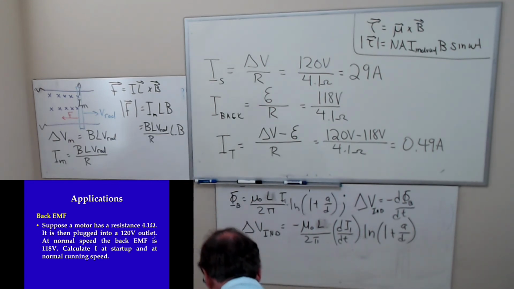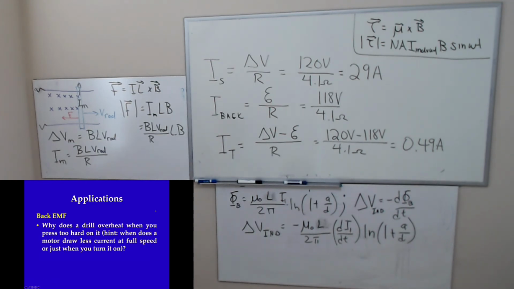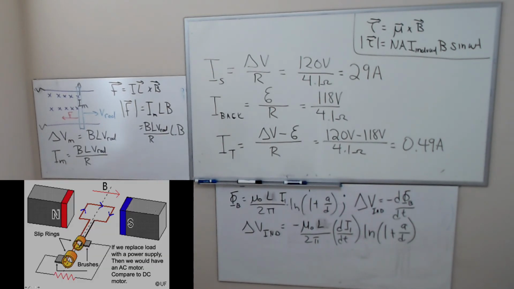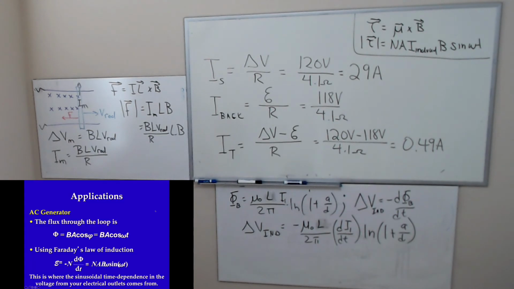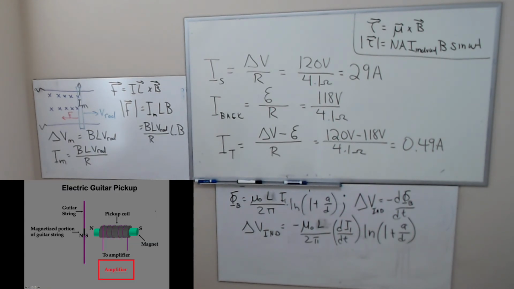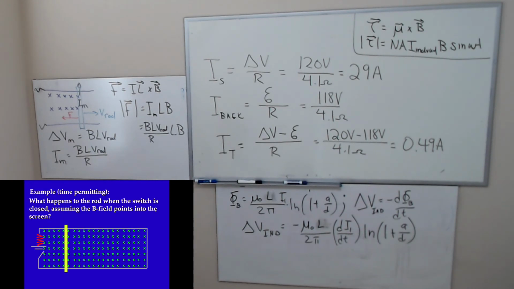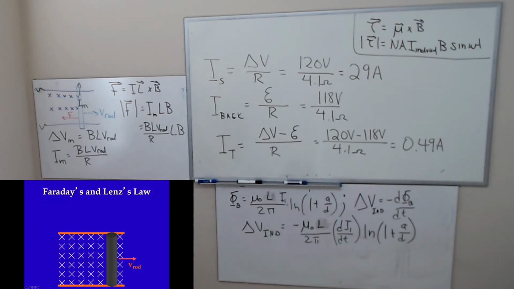I want to work on this problem. I did it with the other class. It's a little more challenging problem. It's a problem from your book, but it's a Faraday's law problem. Let me go back. This is a rail gun.